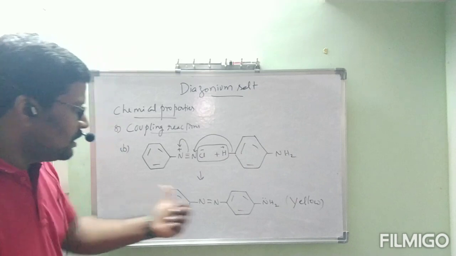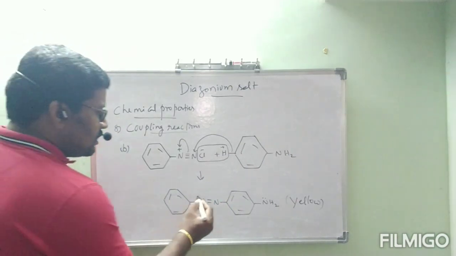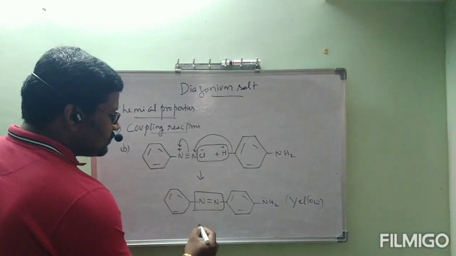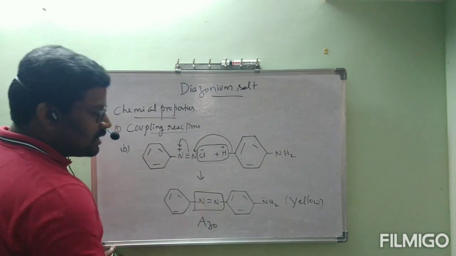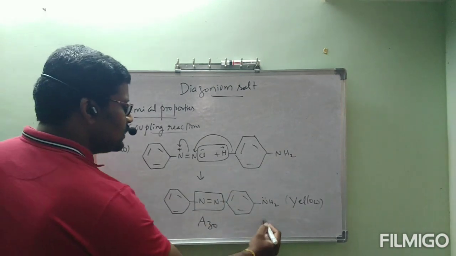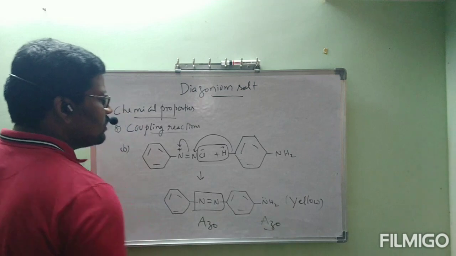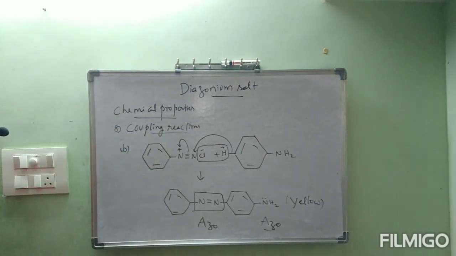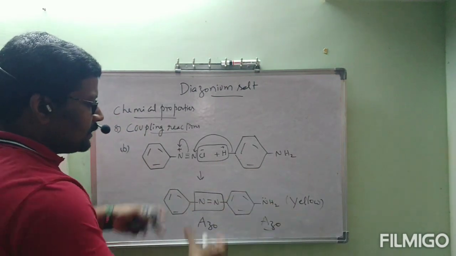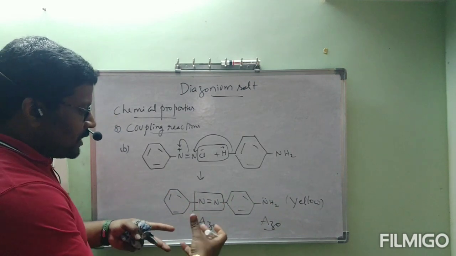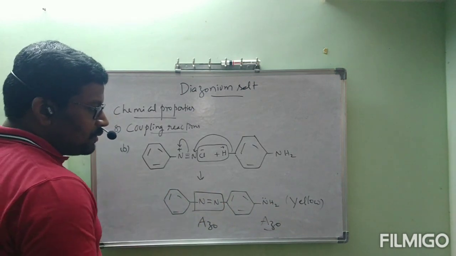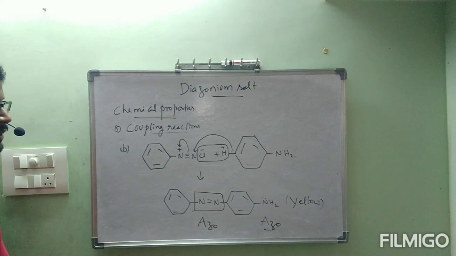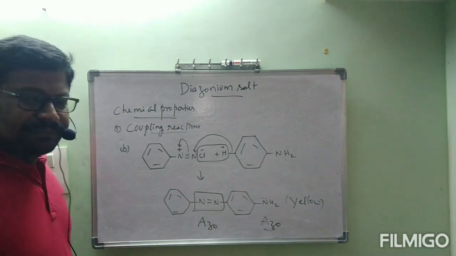Now this is the reaction which has happened. The same azo group is retained; this is called the azo group, and this comes under azo dyes. These two are called coupling reactions. Two compounds undergo coupling, bonded by the junction of the azo group. These two come under the azo dye test.